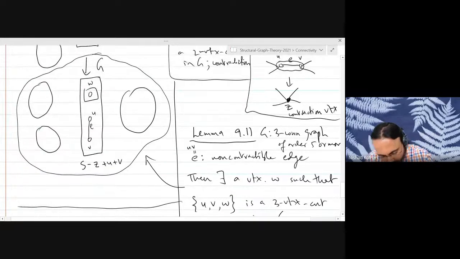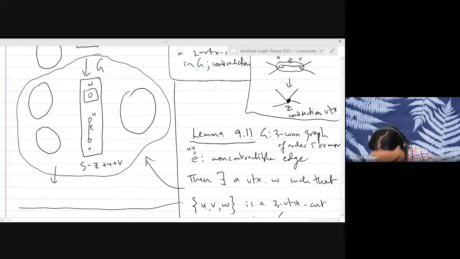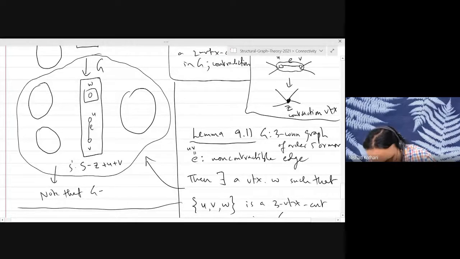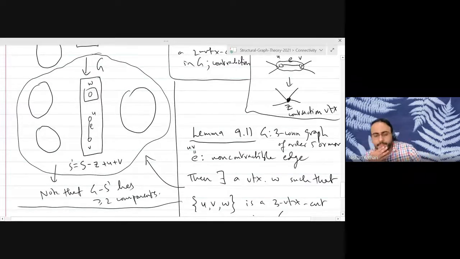Note that G minus, if I call this S prime, has at least 2 components because it is a 3-vertex cut. So what we are going to do is choose the edge E and the vertex W in such a way that one of these components is as big as possible. We are going to make it have as many vertices as possible.